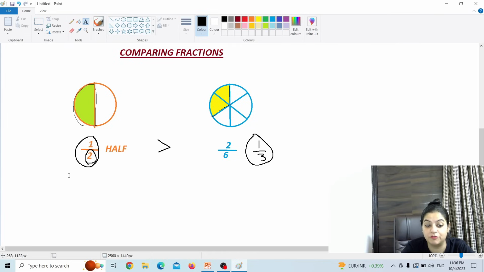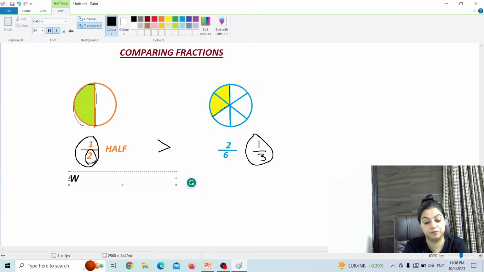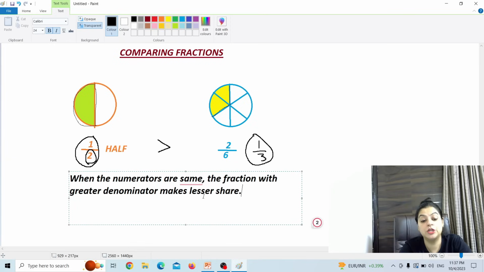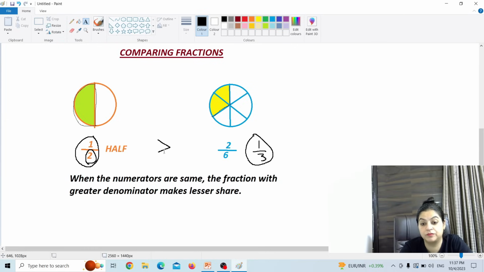When the numerators are same, the fraction with greater denominator makes lesser share, right? जिसका डिनोमिनेटर बड़ा होगा, वो फ्रैक्शन की वैल्यू कम होगी.